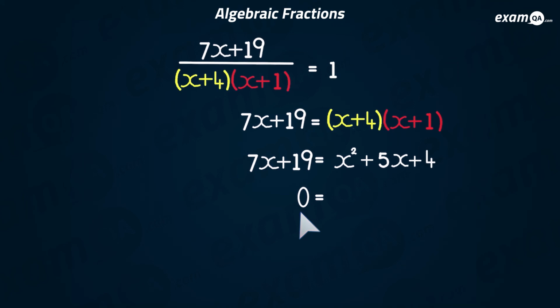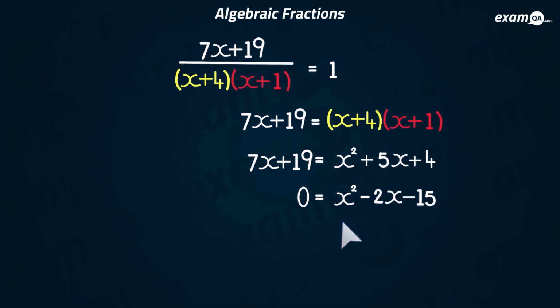Now we need to minus 7x and minus 19 on the right hand side. Okay, so the x squared can stay as it is, but the 5x is going to change because we're minusing 7x. We'll end up getting minus 2x. And we've got plus 4 on the right hand side, but we're minusing 19 now, which makes it minus 15. Brilliant, we've got it all on one side and it's equal to 0.